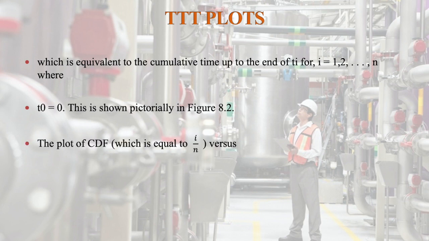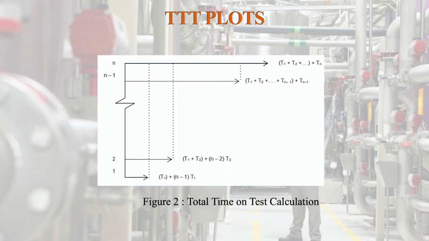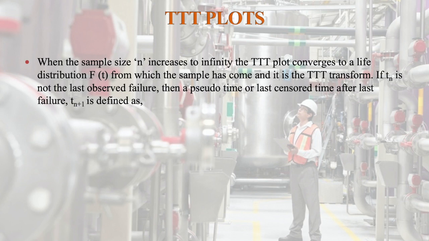The plot of CDF, which is equal to i by n, versus the normalized TTT value TTTi by TTTn is the TTT plot. This is also known as the total time on test calculation. When the sample size n increases to infinity, the TTT plot converges to the life distribution F(t) from which the sample has come, and it is the TTT transform.